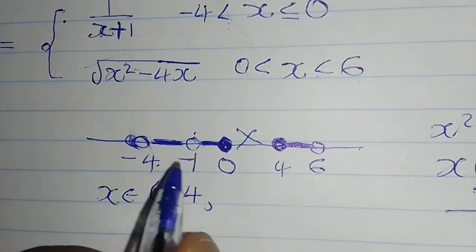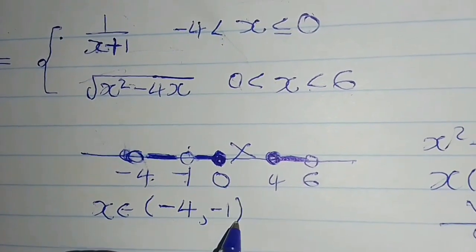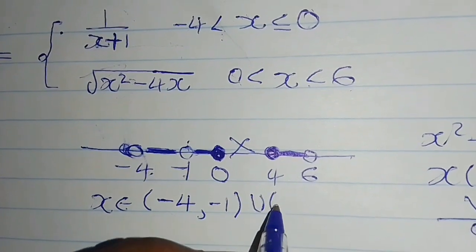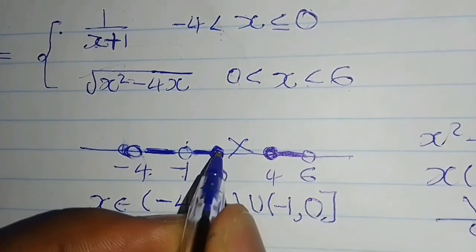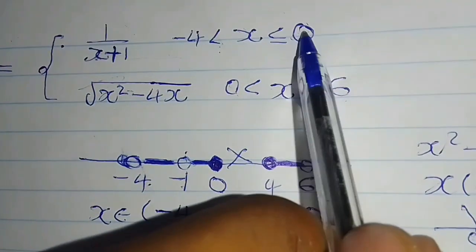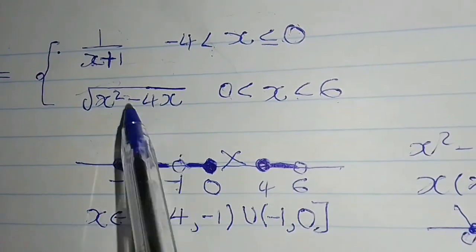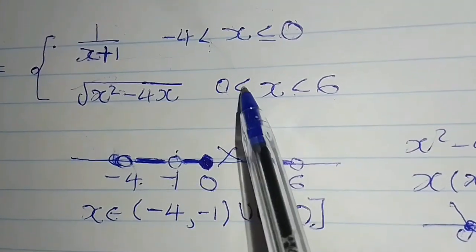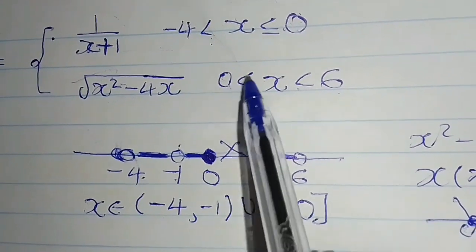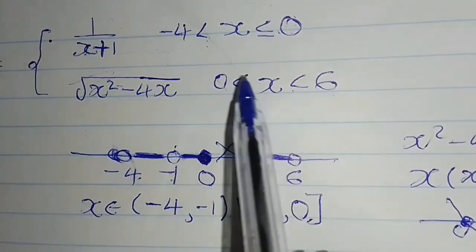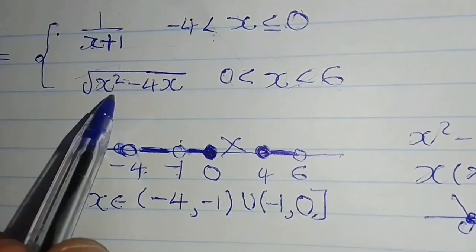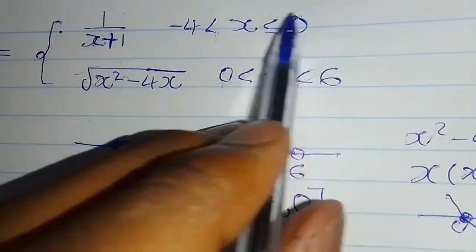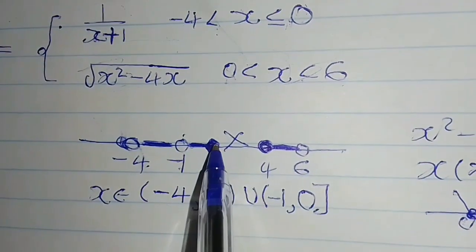So we have a region from -4 to -1 with -1 excluded, union -1 to 0, and 0 is included. Here you don't really need to worry about 0 in the square root function because 0 is excluded from it, but it is included in this one, so it will be part of the domain.